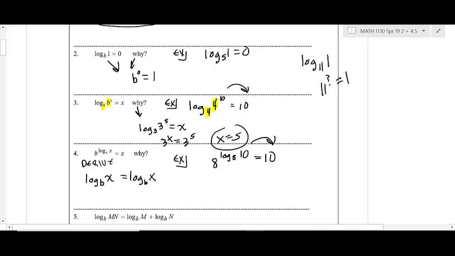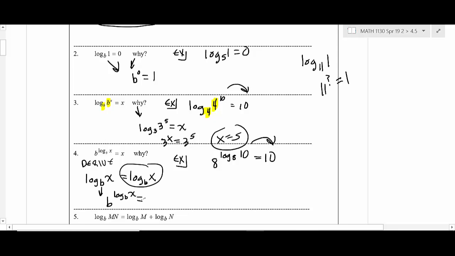Well, look what happens if you write this in exponential form. If you take this whole equation and write it in exponential form, you would have this to that power equals x. That ends up being the whole exponent right there. So you would have b to that power equals x. That's how this formula gets derived. So we'll just write down the base, and this whole thing becomes the exponent.